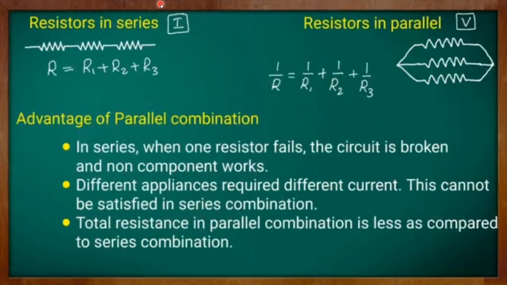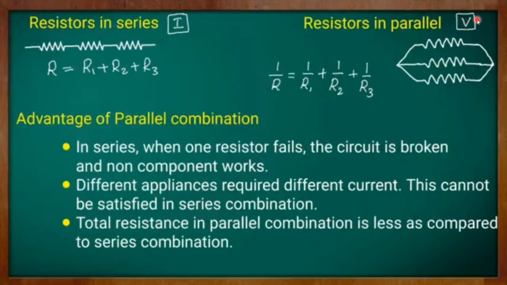Now let us see resistors in series and resistors in parallel. Which term is constant in series, children? I have mentioned here, that is the current. Current is the same across the resistors R1, R2, R3. What is constant in parallel? That is voltage.